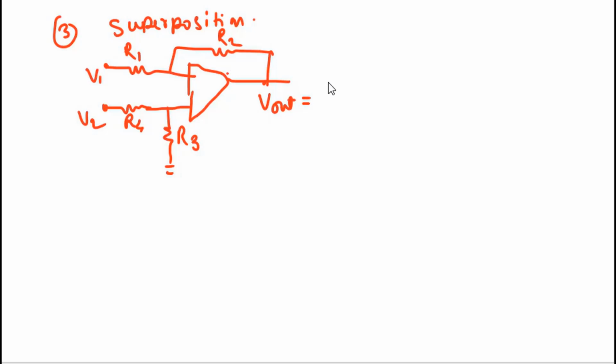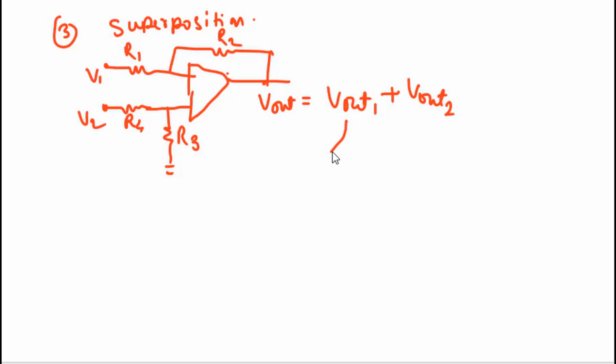So you can take Vout as Vout1 plus Vout2.